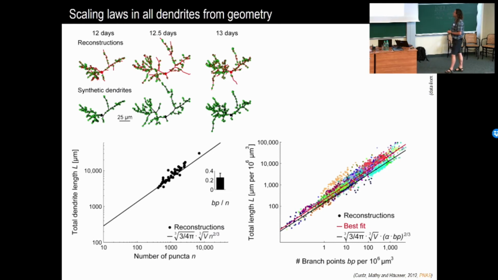Okay. So now we are able to replace this n, the number of synapses in this particular scaling relationship, by the number of branch points with a particular factor, basically 4 times, that we found here. And now we are able to put in all the data from the NeuroMorpho database, all the dendrites that have been reconstructed, and look at total length versus branch points.